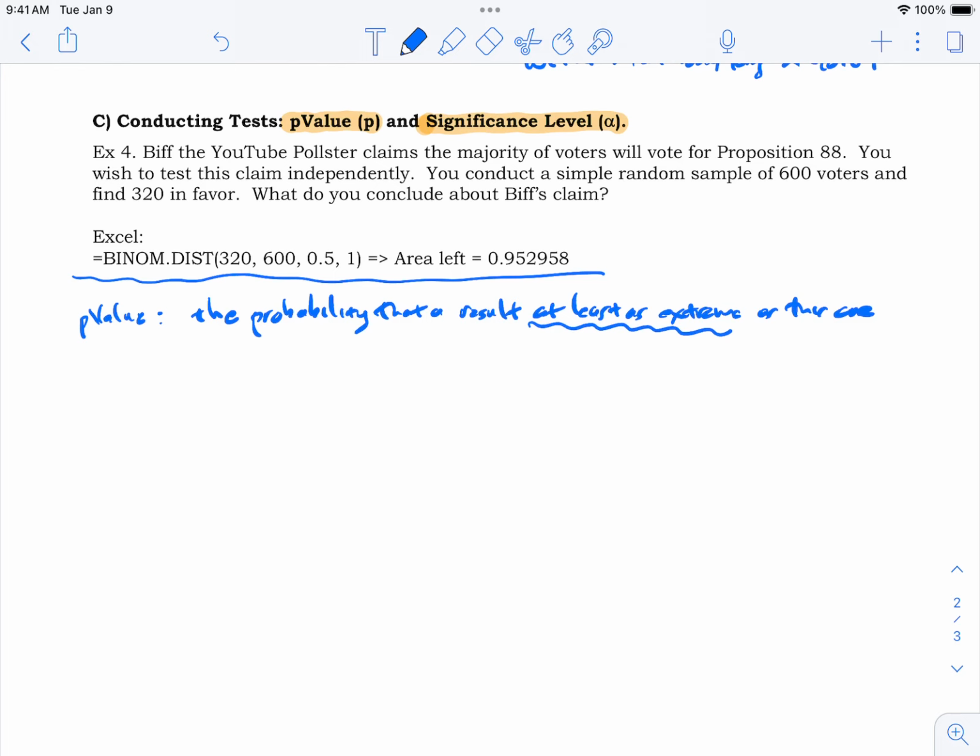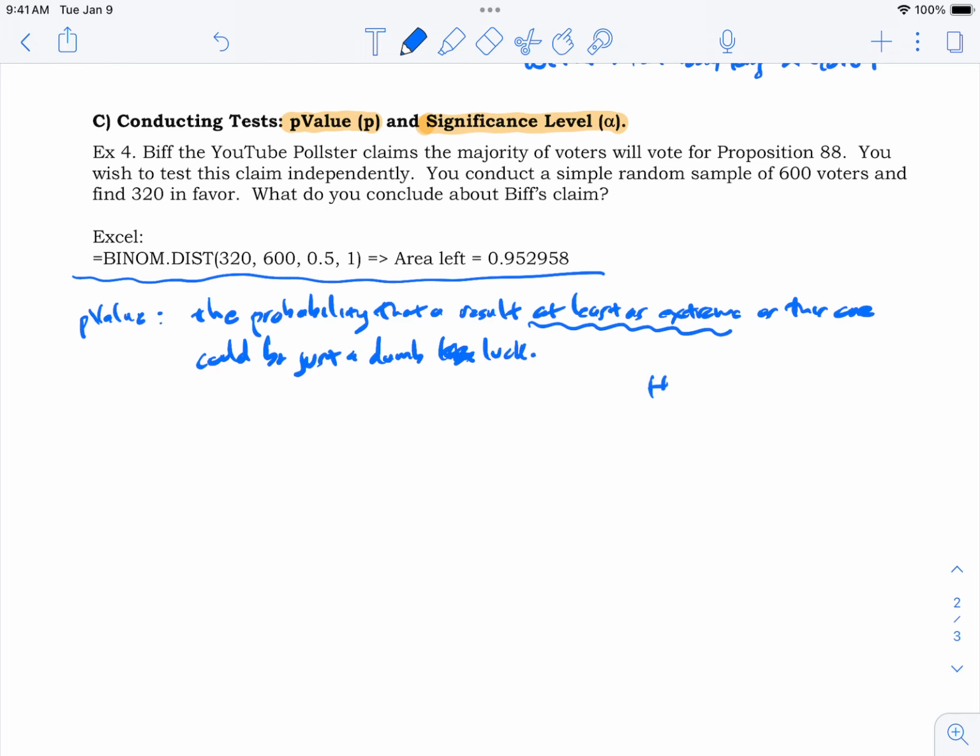It's the probability that it could be just a dumb luck thing. It doesn't mean the probability of getting that particular result, but something at least as extreme as that result. And it's the probability that it could have happened by chance.